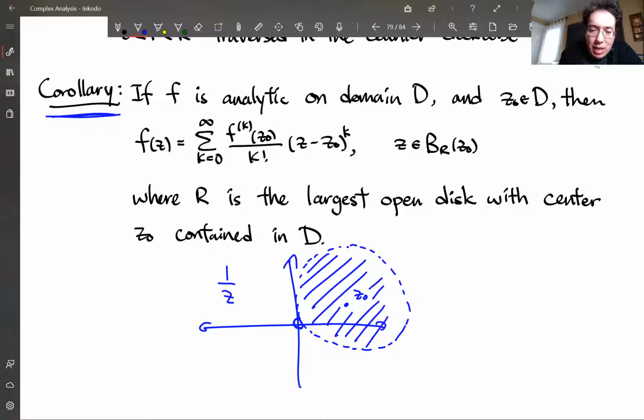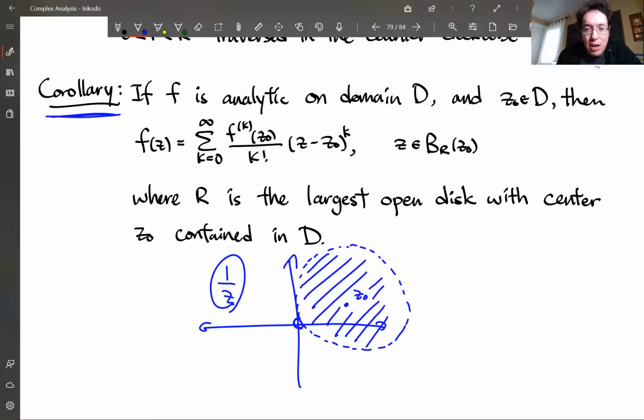So in this case, it will converge on the largest disk that hits the origin on the boundary, but it cannot converge on any larger disk because then it can't be defined at 0. This function kind of blows up to infinity near that. So that's kind of nice to know geometrically what's happening.